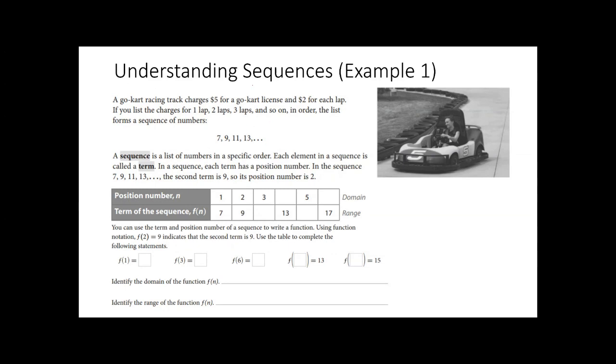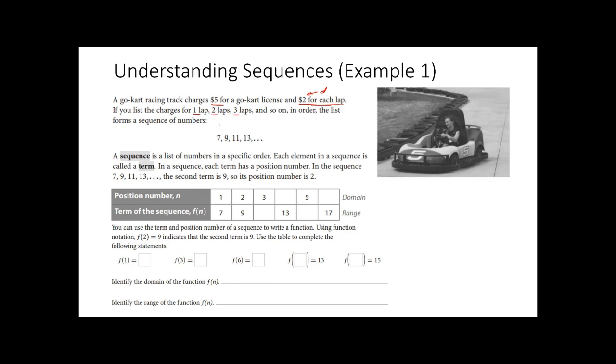So understanding sequences. This is the first official example. A go-kart racing track charges $5 for a go-kart license, and $2 for each lap. In 8th grade we talked about slope or rate of change. Well, in this situation with sequences, this is actually our common difference, the $2. Now you list the charges for 1 lap, 2 laps, 3 laps, and so on.